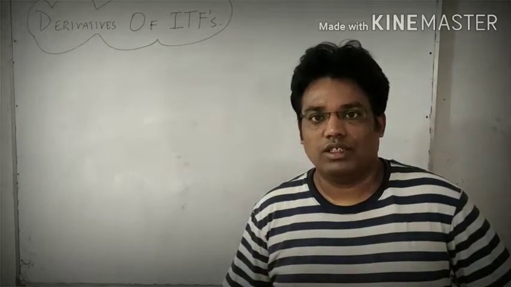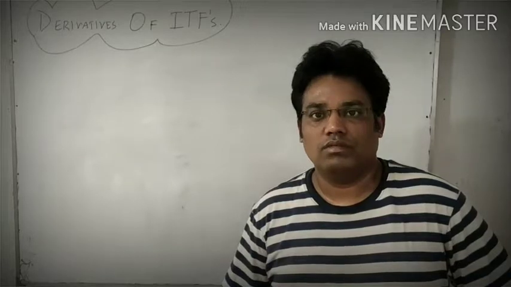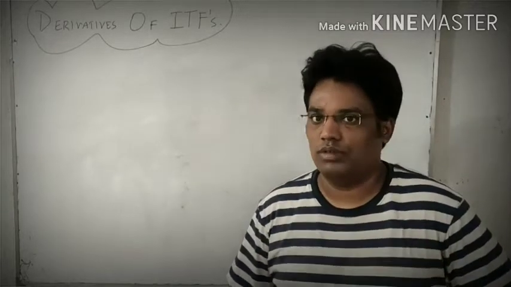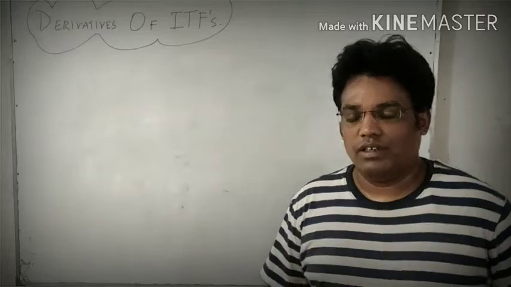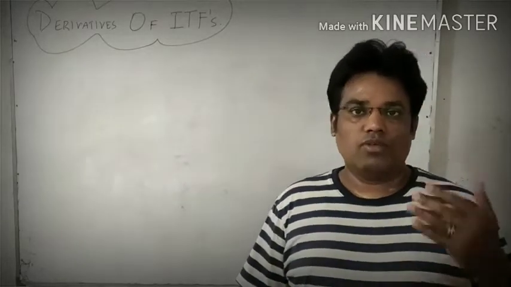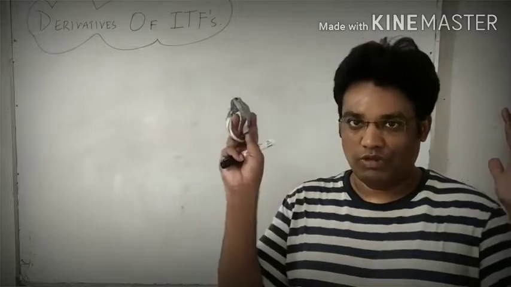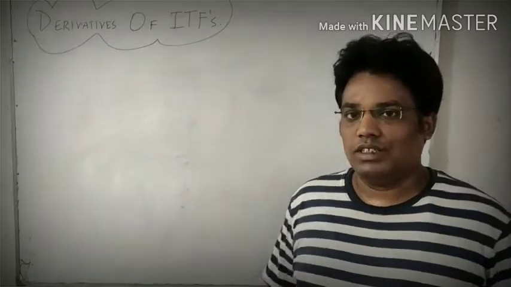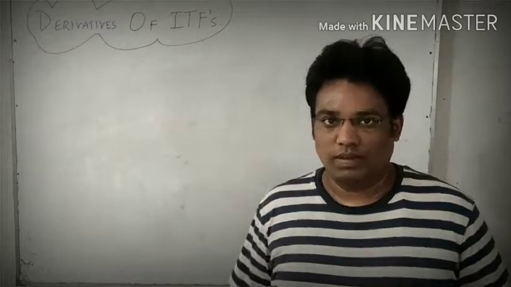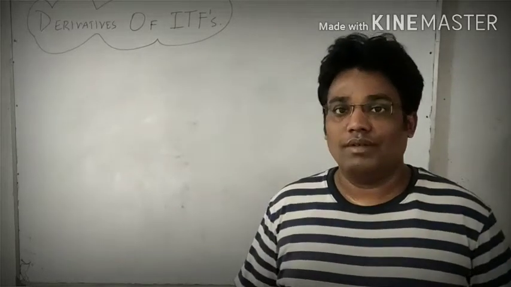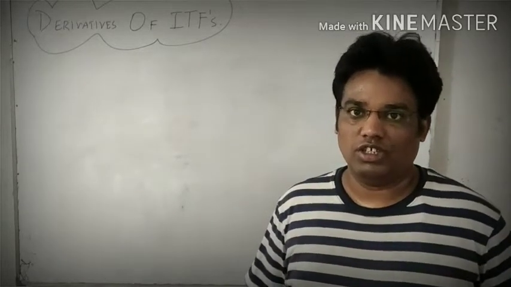Probably in the next video we'll take up how to deal with the problems. So we have the substitution method, so many formulas, substituting something, reducing complex to simple. We'll discuss that in the next video. So in this video we'll have a discussion only on derivatives of inverse trigonometric functions.